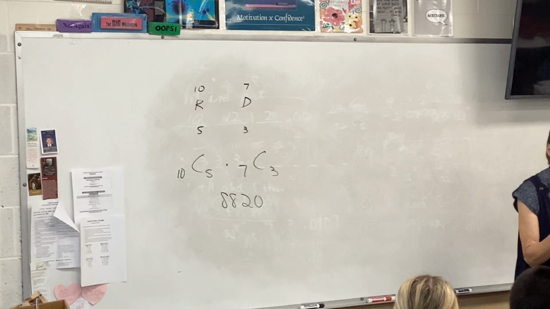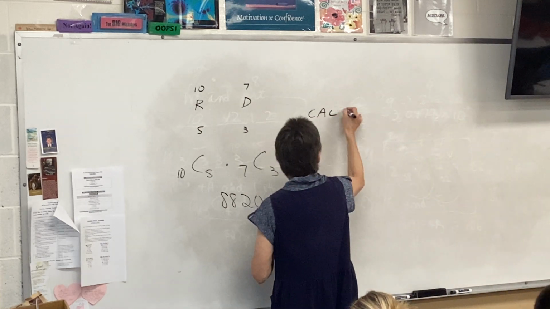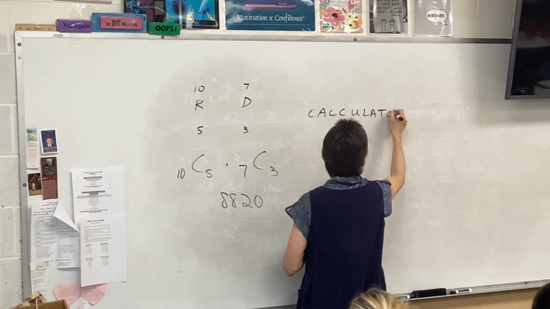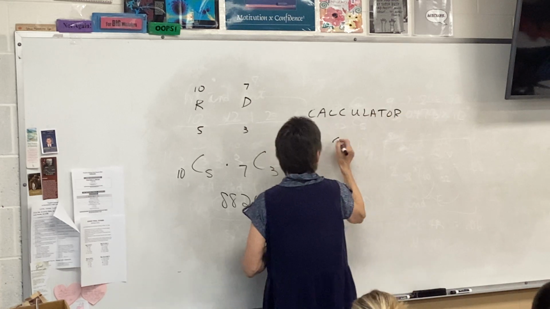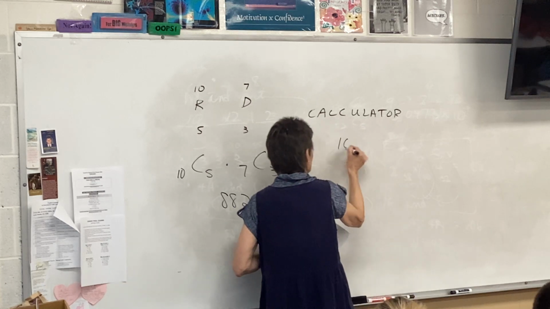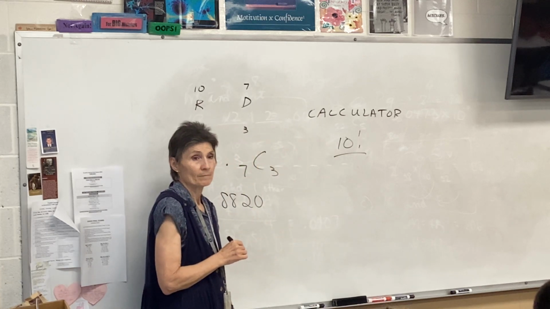How many 10-letter words can be formed from the letters of calculator? All right, so we got 10 letters. So we start with 10 factorial.